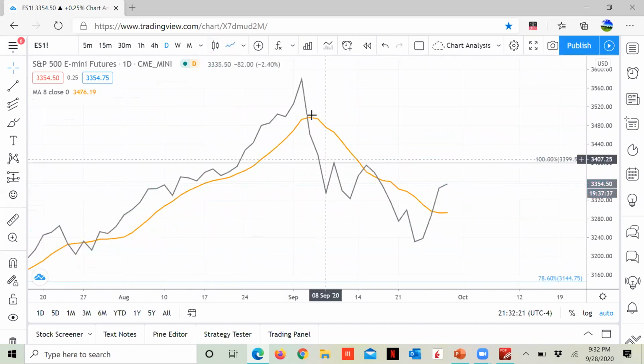And when the price jumped below this moving average, that's a bearish trend. So even a single moving average against the price index will give you a better understanding of the market.